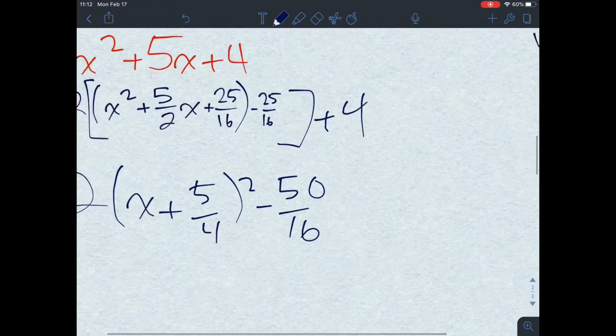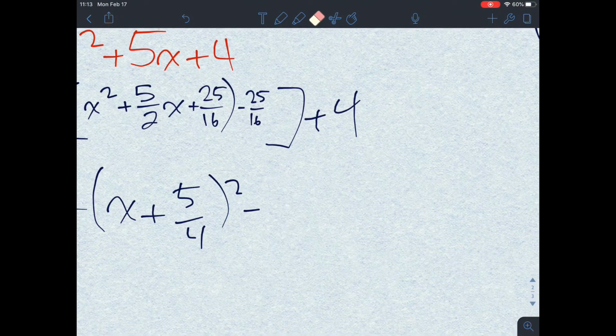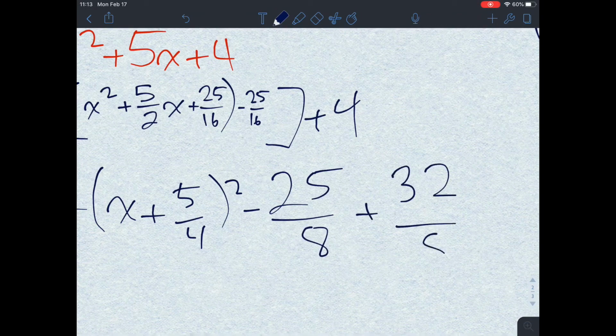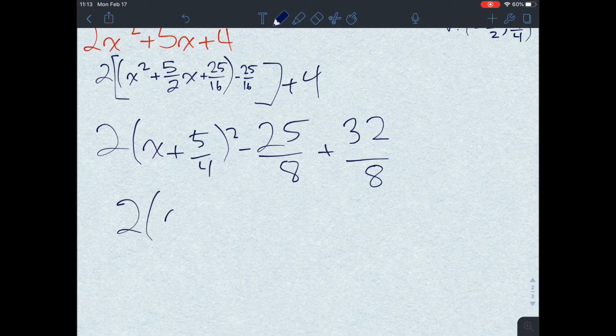Or sorry, let me change that a little bit. It would be, let's simplify this, 25 over 8. And then plus 32 over 8. So our answer would be 2 times x plus 5 over 4 squared.